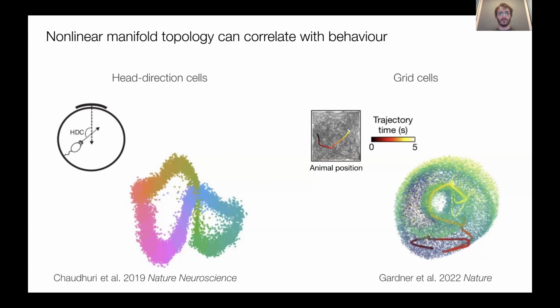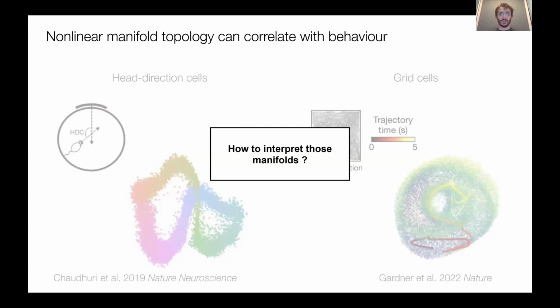So these nonlinear manifolds, they are good. They can capture some relevant structure in the data, but there is a caveat. In going to these nonlinear manifold methods, we've kind of lost interpretability.